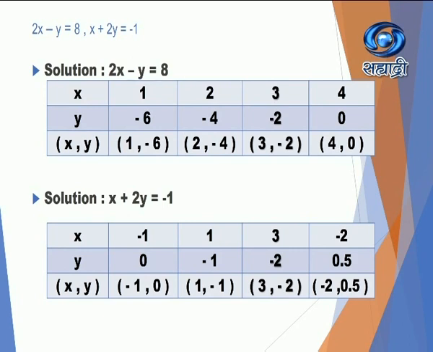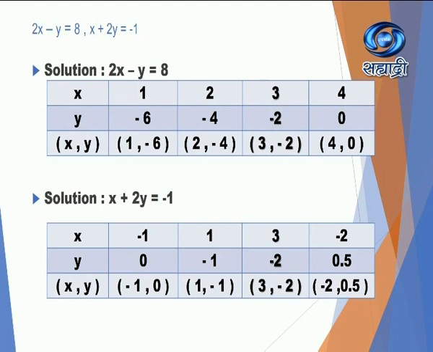If I substitute x equal to 1 in the equation 2x minus y equal to 8, I get the y value as minus 6. So my point is (1, minus 6). In the same way, if I substitute x equal to 2 and solve the equation, I get the y value as minus 4. So the point is (2, minus 4). When x equal to 3 is chosen, I get the y value as minus 2.